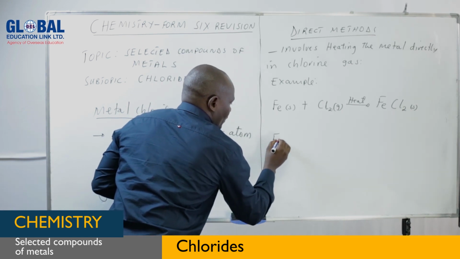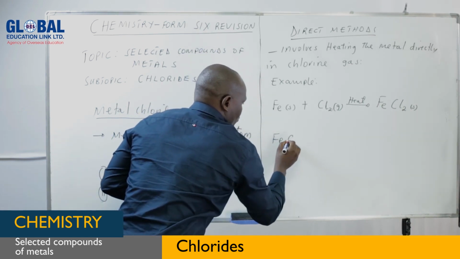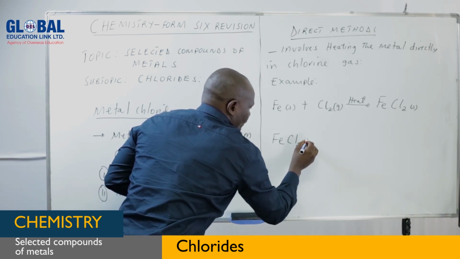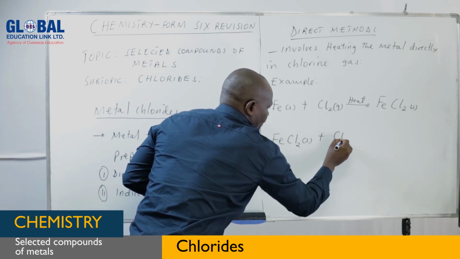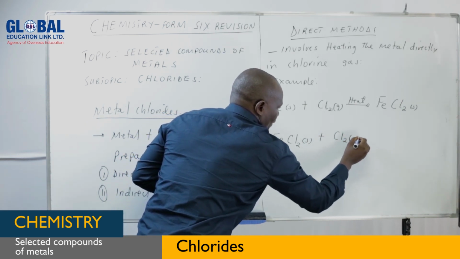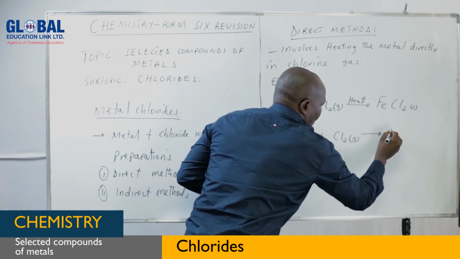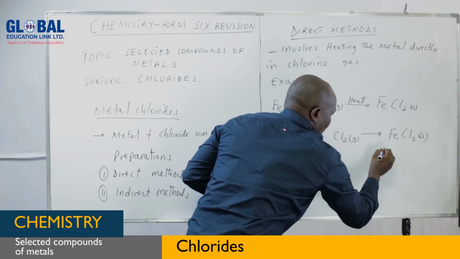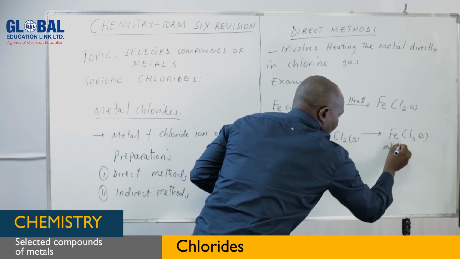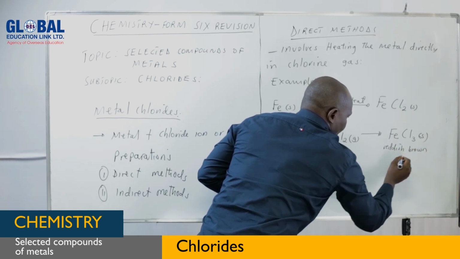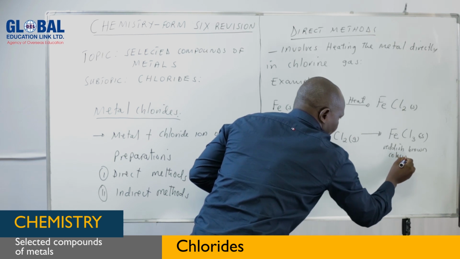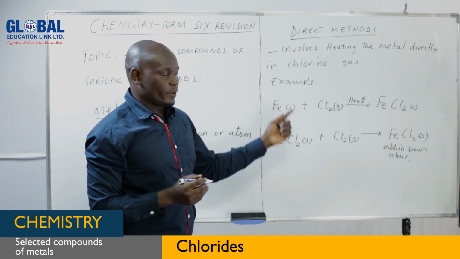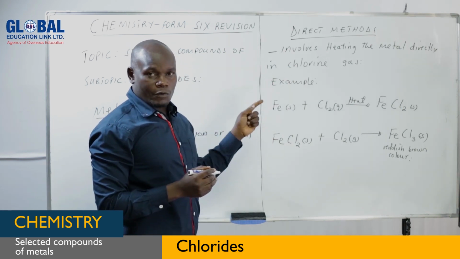So when this iron 2 chloride is further heated in chlorine gas, the product is iron 3 chloride, which is the reddish brown product. This is what we call the direct method of preparation of chlorides of metal.